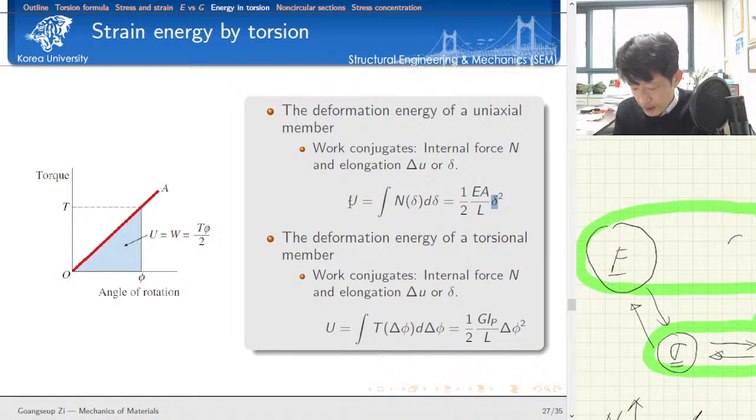But only in linear elasticity, this deformation energy is the same as the complementary energy, which is the upper part of this relation. Please make sure that the control variable to define deformation energy is elongation, not the actual force. This is really important, okay? And for the complementary energy, the control variable is the actual force. This is a very different thing. So only in linear elasticity, let me check that.